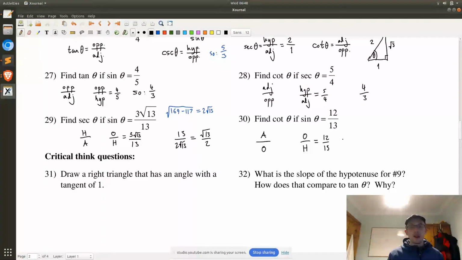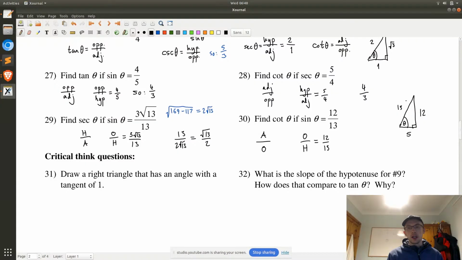And then a bell rings. Wait, I recognize this right-angled triangle. It's the special one, isn't it? The 12, 5, 13 one, isn't it? It is. 5 squared is 25, 12 squared is 144.